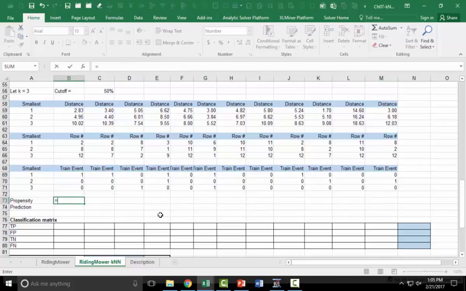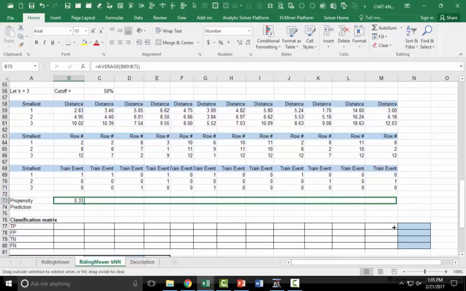Now the propensity is the average of these. So that will give you propensity for the event.